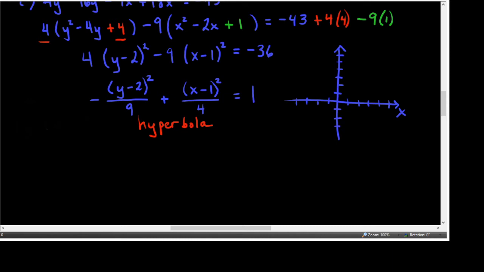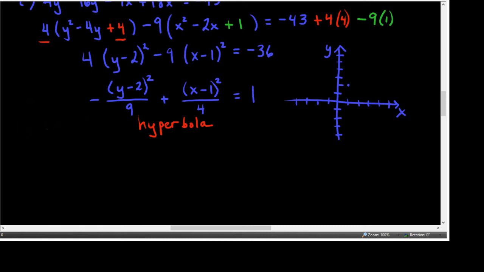If you did, oops, the number with x is the x-coordinate of the center. The number with y is the y-coordinate of the center. So it's actually 1, 2. And for that reason, a lot of people, no matter what the signs in front of those fractions are, will automatically always try to get the x fraction in front so that you don't make the mistake that some of you may have made and reverse the coordinates of the center. So 1, 2.